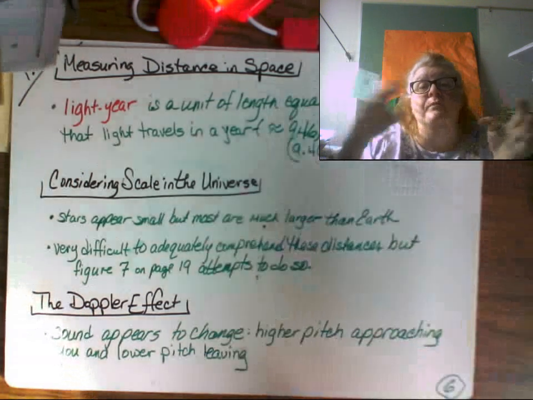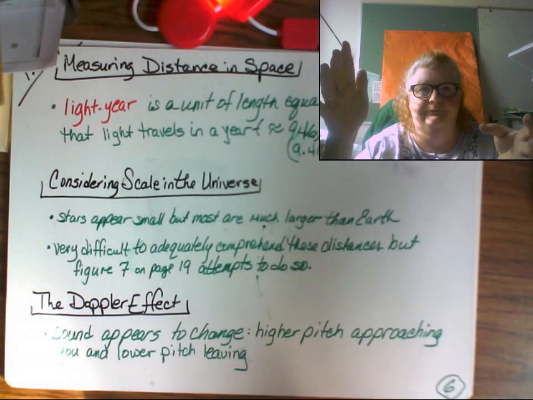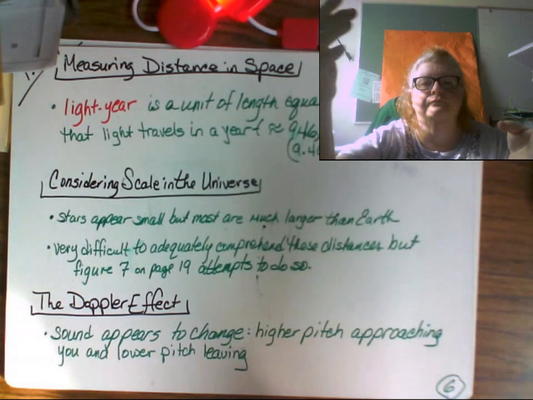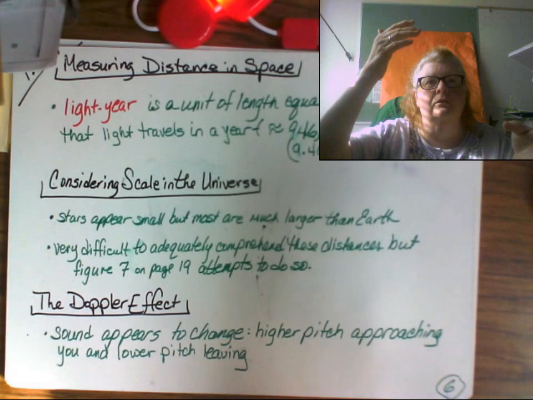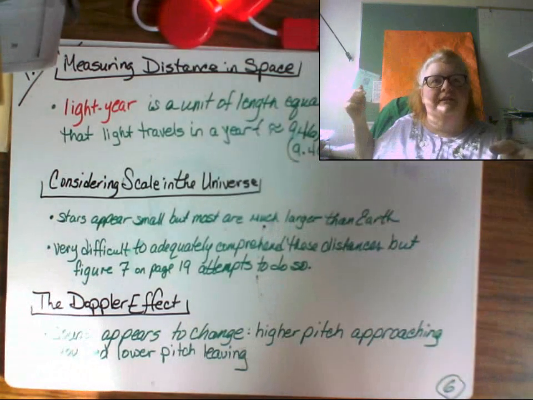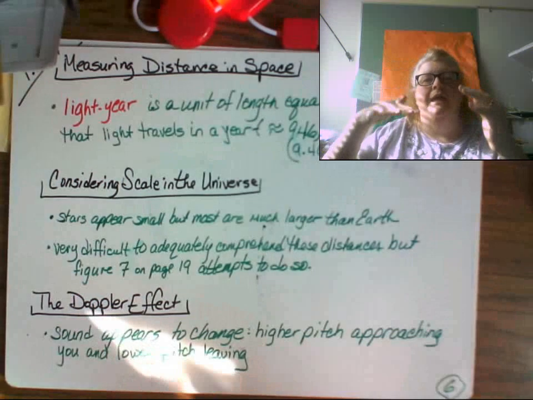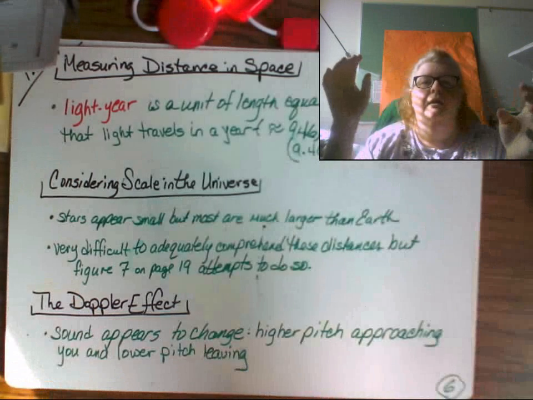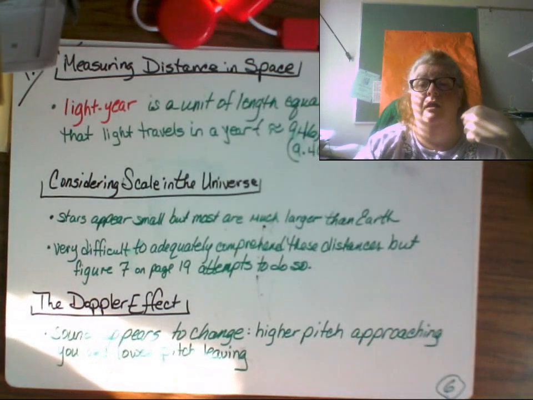Okay? So the Doppler effect, if you listen to an ambulance, when it's coming towards you, it sounds like woo, woo, and then once it gets to you and starts leaving, woo, woo, it changes pitch. That's called the Doppler effect. Okay? It didn't really change, but it's how we perceive it.